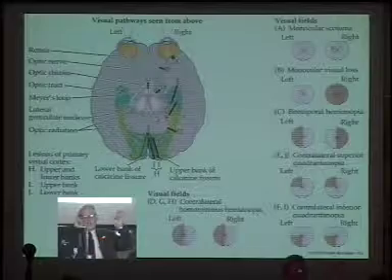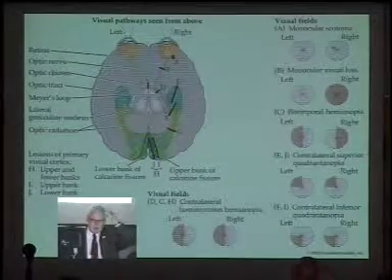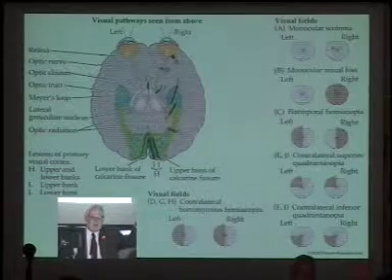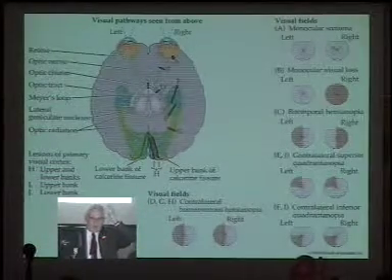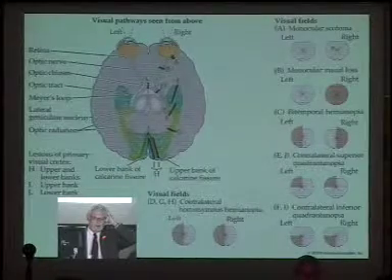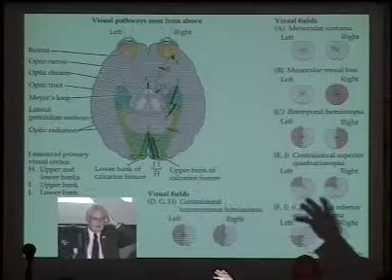So just like with our motor system, our sensory system, other sensory systems, what our left hemisphere has to deal with is the right side of the world, okay? Is the opposite side of the world.